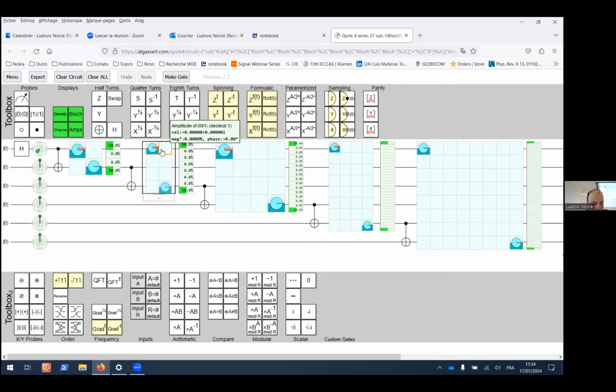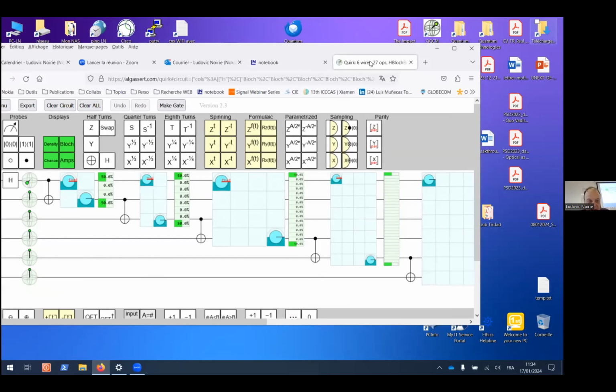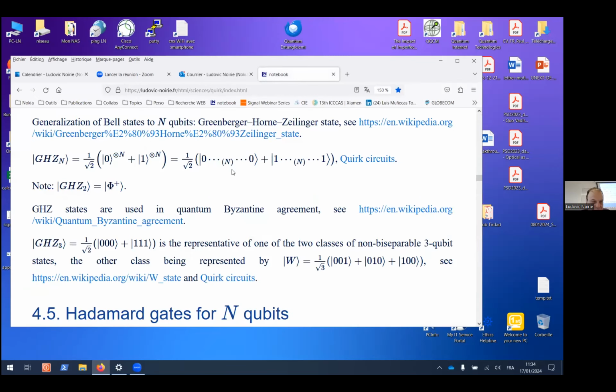If you add a control-not here, you have 000 plus 111. So it is GHZ3. You have a control-not here. You have 0000 plus 1111 and so on. And these GHZ gates are interesting. They are used, for example, in quantum Byzantine agreements.